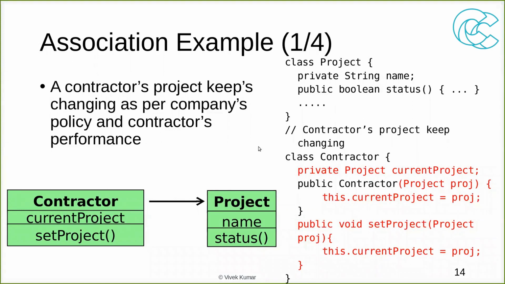Hello, sir. I want to ask a question: if the instance of the contractor class dies, then how are we going to access these functions like set project and all? No, that is independent of the class relationship. Let's say you have an instance of contractor C1.